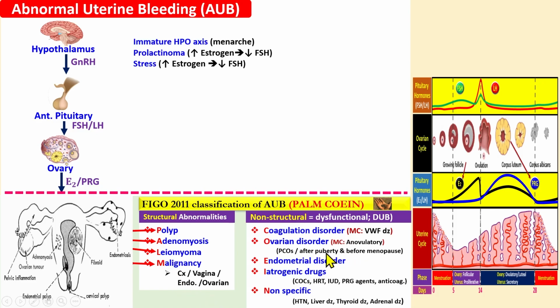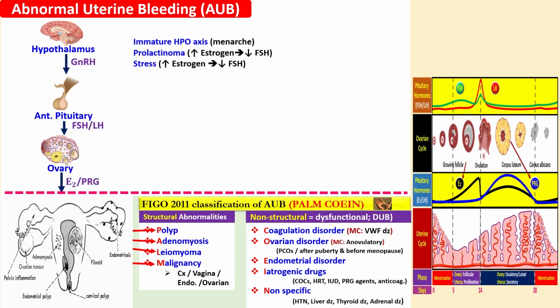Now, as I mentioned, the most common cause on the dysfunctional uterine bleeding side is anovulation. What are the causes of anovulation? It is associated with the ovary, anterior pituitary or hypothalamus. In the hypothalamus, if the HPO axis, the hypothalamus-pituitary-ovarian axis, is immature, it is usually present at menarche.